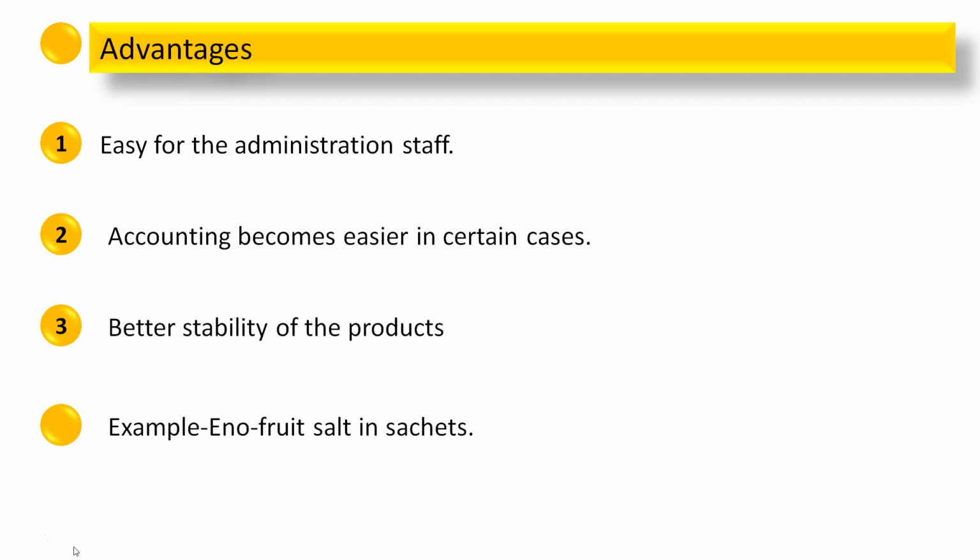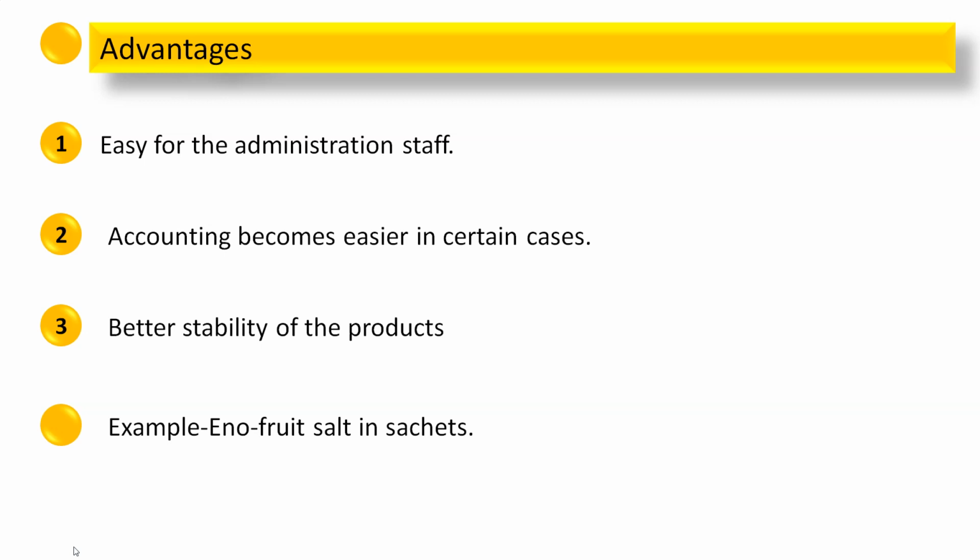It becomes very easy for the administration staff when they have the decentralized unit. Every unit will have the satellite pharmacy located there. They need not go to the ground floor pharmacy, which becomes very tedious for the nursing staff. Every floor will have a satellite pharmacy. Accounting becomes easier because every pharmacy maintains its own account.